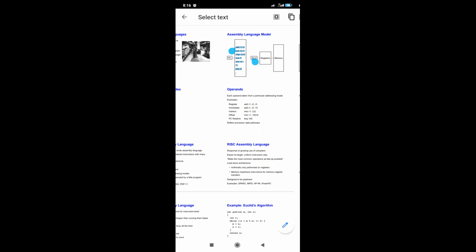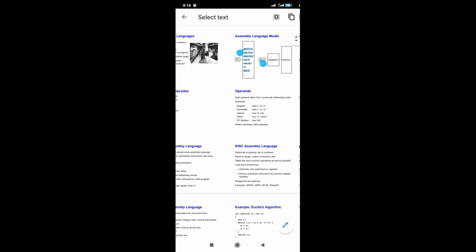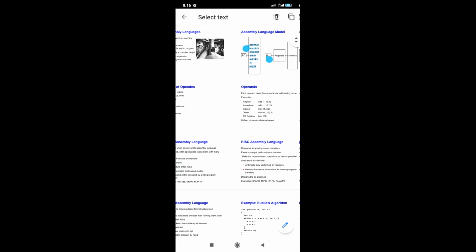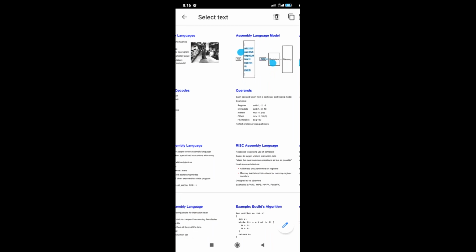This is a representation of how assembly language is being written. So from here, the computation is being done in your ALU. Your ALU is where the computation is being done, be it logical or arithmetic, whatever it is.